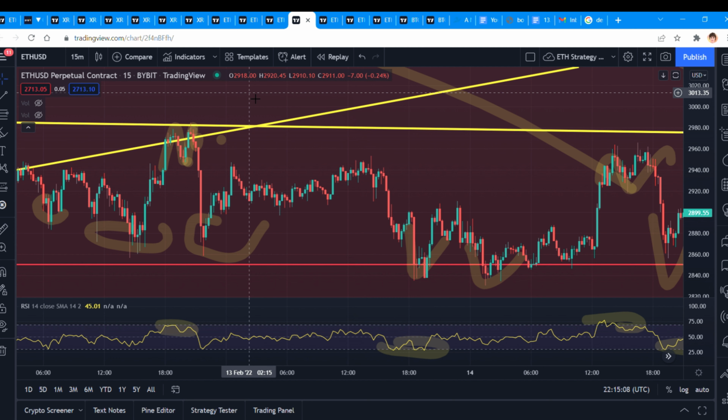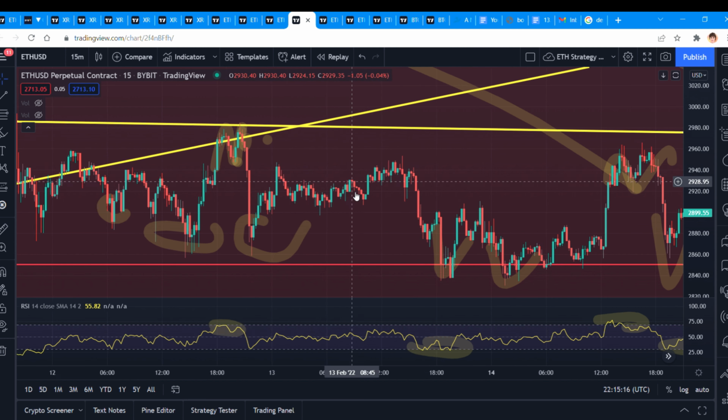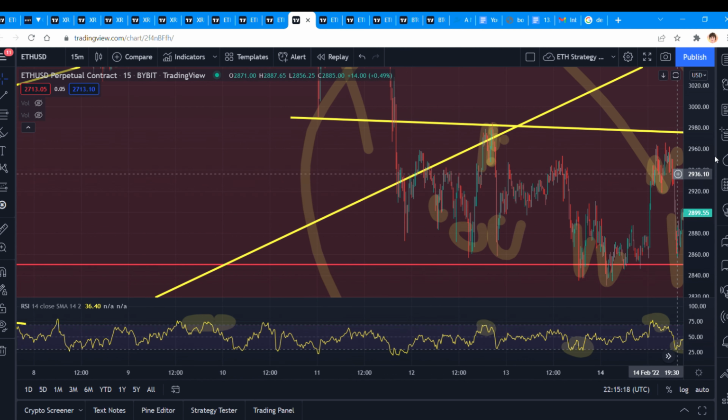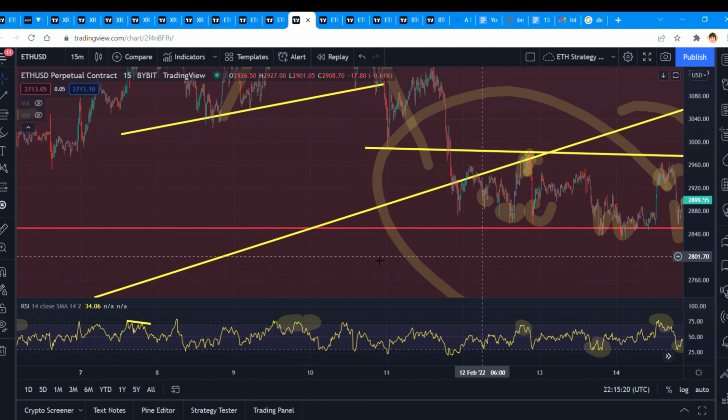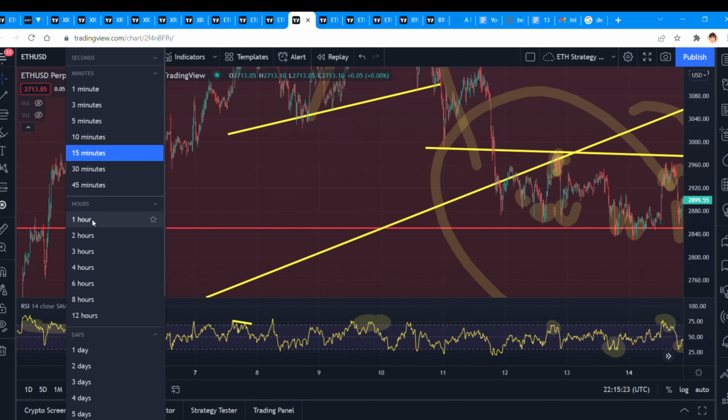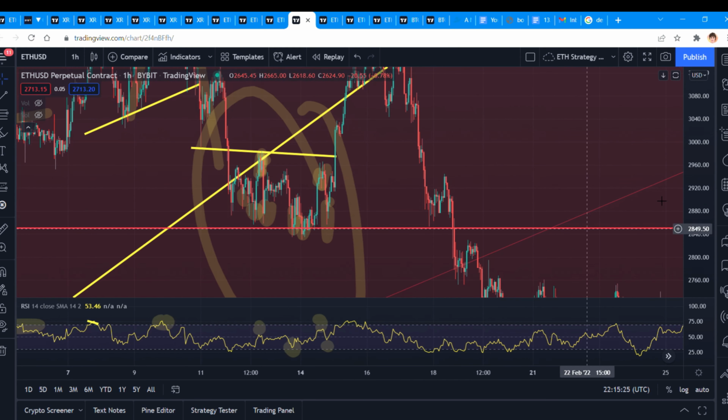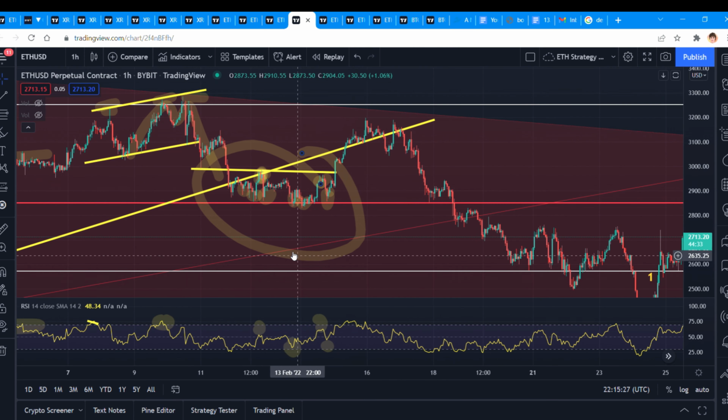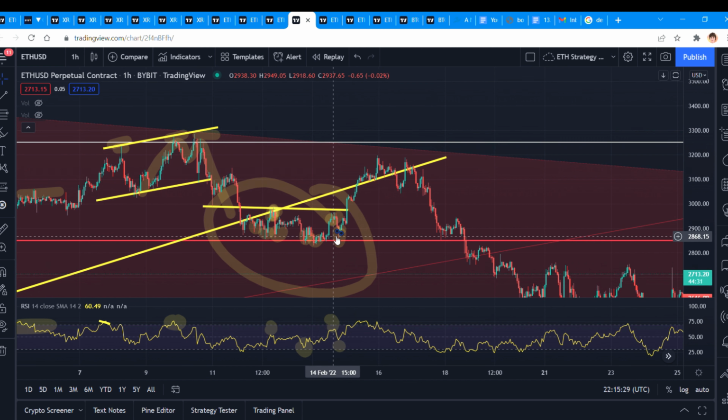Then the fourth point that I wanted to make was when these patterns invalidate. I made an example of it at the start when we talked about the bull flags.